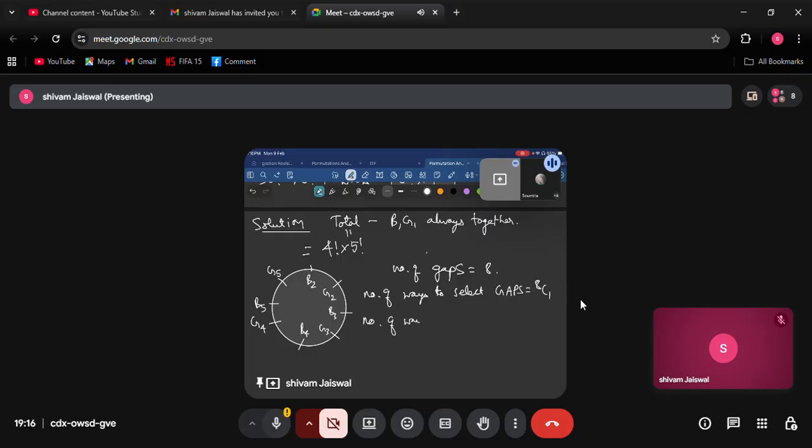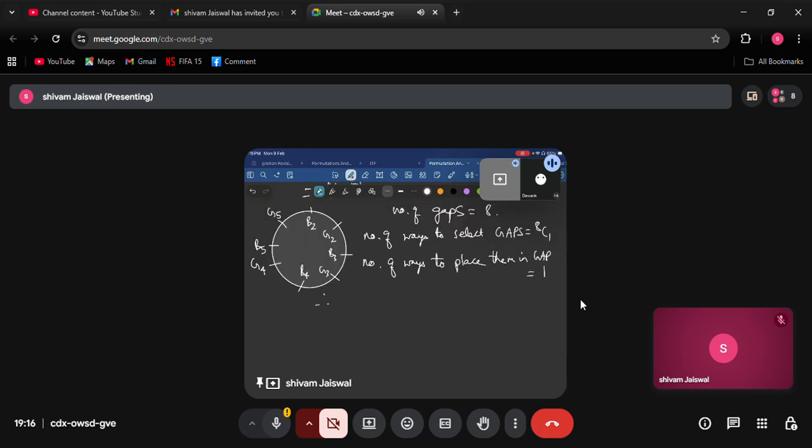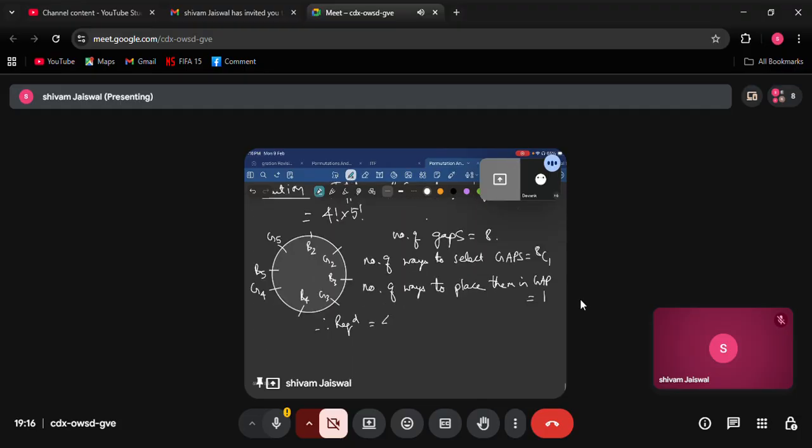Number of ways to place them in the gap will be only one way. So therefore the required number of ways will be equal to 4 factorial into 5 factorial minus 3 factorial into 4 factorial into 8C1.